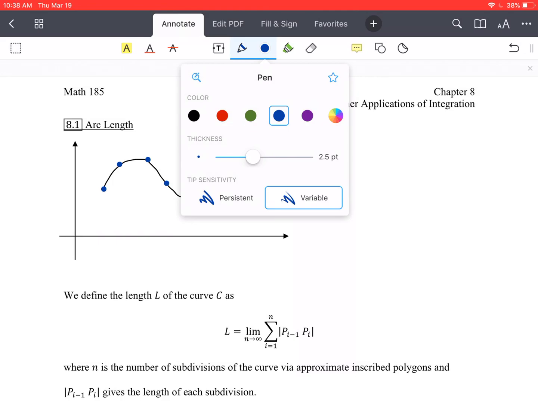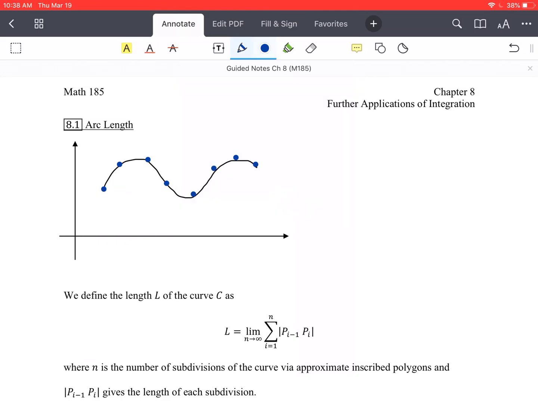It doesn't have to be perfect, but then I'm going to identify the x-coordinates at each of these points. And they should be relatively evenly spaced, as close as we can get.